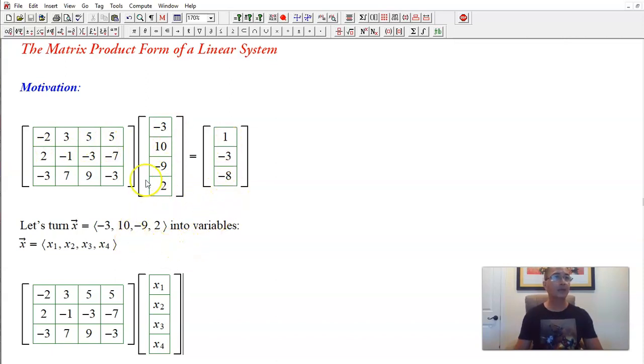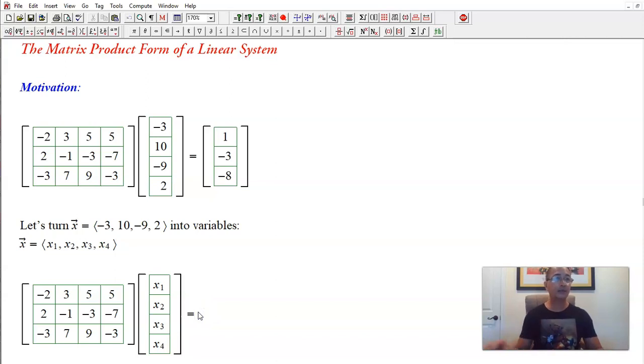So what we're going to do is we're just going to turn this vector minus 3, 10, minus 9, 2 back to variables. Okay, so in fact, this was how we defined the matrix product, where we have the entries of x, and we have column 1, column 2, column 3, column 4. Okay, so let's do this in general.